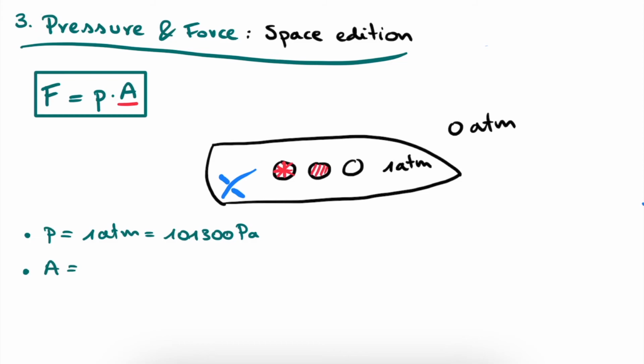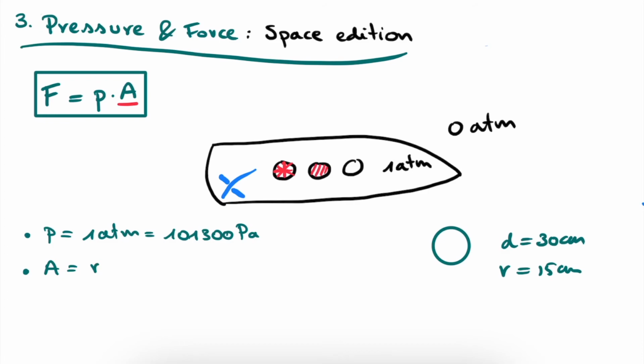And then we need to find the area of a window. Let's say that the dimensions of the windows in this cabin are approximately the dimensions of a window in your typical airplane. Let's approximate it as being a circular window with a diameter of roughly 30 centimeters. This means a radius of 15 centimeters. And knowing this, we can easily calculate the area of such a window.